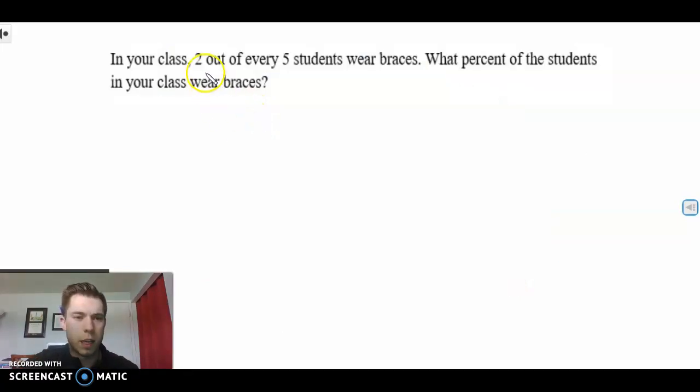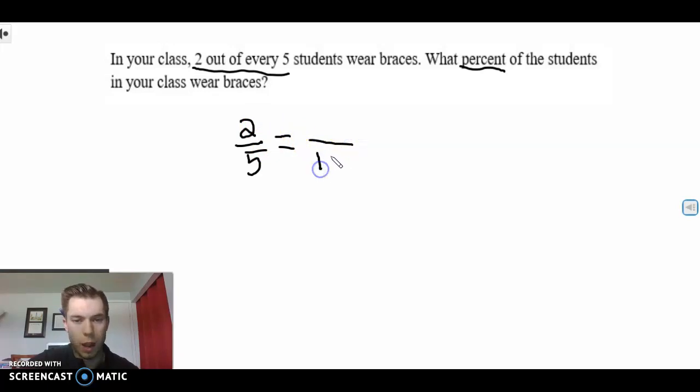We'll look at a couple more examples here. So in your class, 2 out of every 5 students are wearing braces. So we can create this ratio, and we want to know what percent of the students in your class wear braces. So we have 2 out of 5, and we want to know the percent, meaning we want to know how much out of 100. Well, we want to know how we get from 5 to 100.